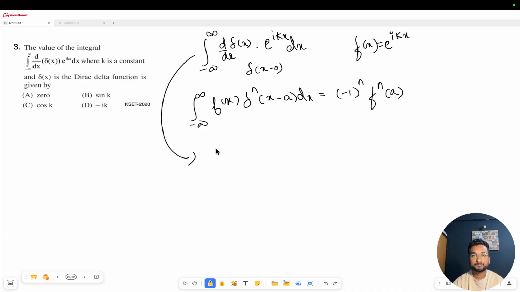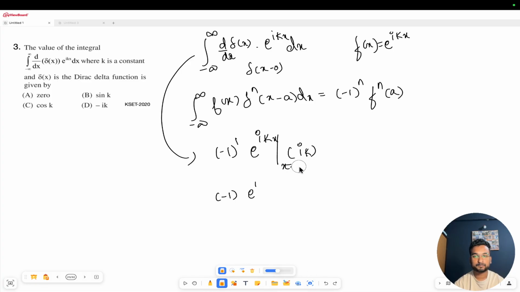Now continue this solution. What will be the solution? Minus 1 to the power 1, since n is 1 here, and then f dash, the first order derivative of e to the power iota kx, which is e to the power iota kx into iota k, and you have to put x equals a. Here a is 0, so you will get minus 1 into e to the power iota k into 0, into iota k. e to the power 0 is 1, so you will get minus 1 into iota k.